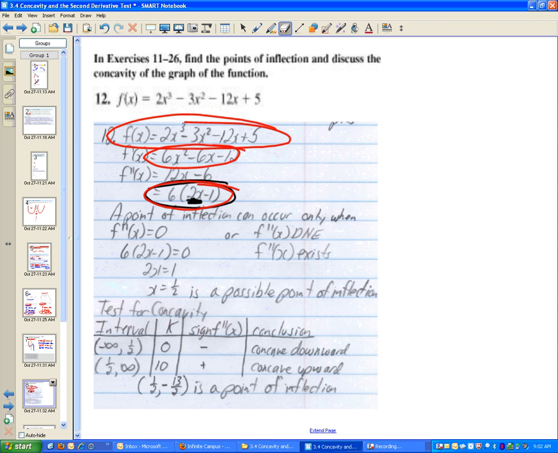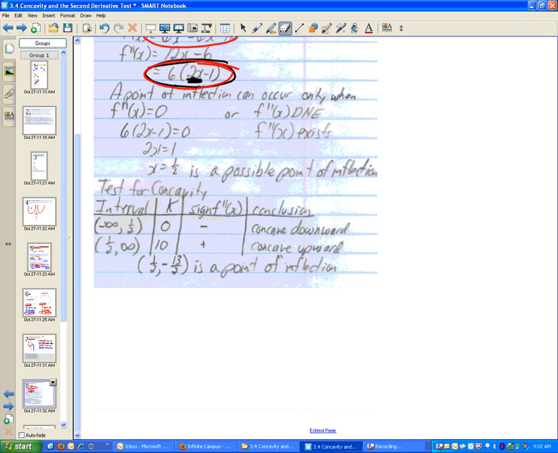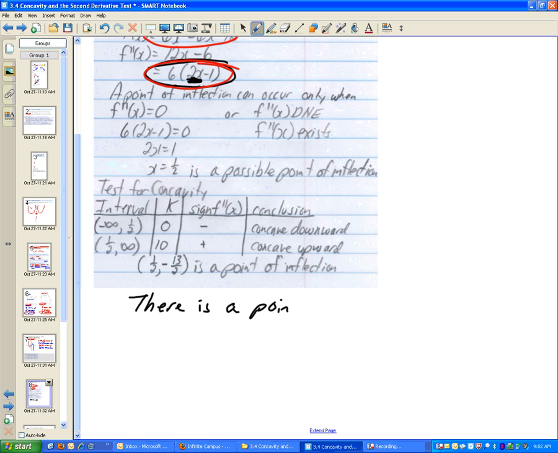What you can also write, especially if you get one of those horrible functions that is difficult to evaluate, if not next to impossible, instead of writing the actual point, you can say something like, there is a point of inflection at x equals 1/2.